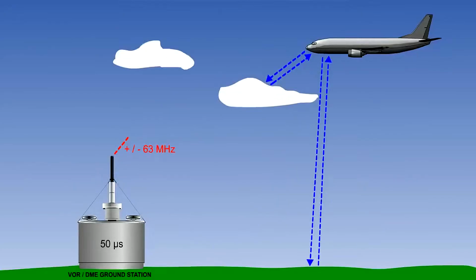The carrier wave frequency is changed at the ground station for 2 reasons. Firstly, the aircraft will receive reflections of its interrogation pulse pair, either from the ground below or from heavy clouds. In order to distinguish these reflections from the response pulses, the transponder emission is always 63 MHz either below or above the interrogation pulses.